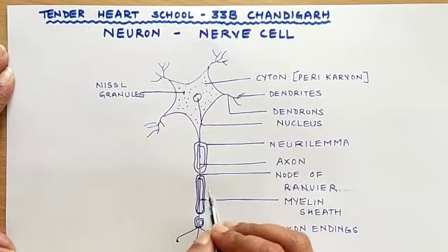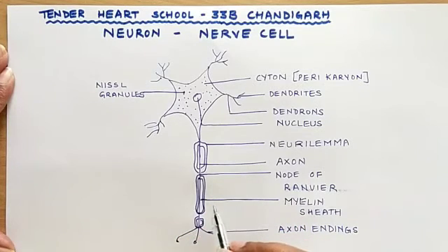It is covering the axon and it is not allowing the intermixing of the impulses between various neurons. In a nerve, which is a bundle of neurons, the impulses may mix with each other. So to prevent this intermixing of the impulses between the neurons, we have this myelin sheath. And the periodic gaps between the myelin sheath or neurolemma are called the node of Ranvier.